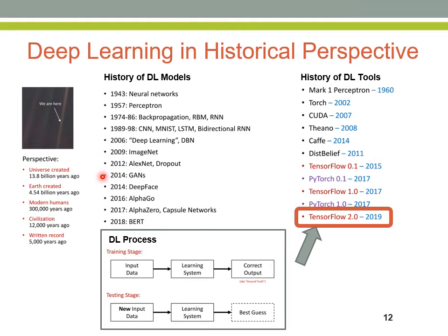From there on, we have deep face, we have deep fakes, even in which we can edit videos to assume different faces. And as our understanding of these neural networks and our configuration of these various types of neural networks has evolved, our tools have also evolved, and currently we are going to take a look at TensorFlow, the latest version that is currently on the market.